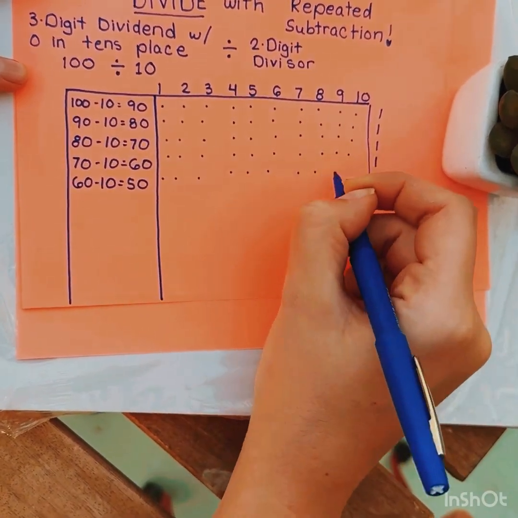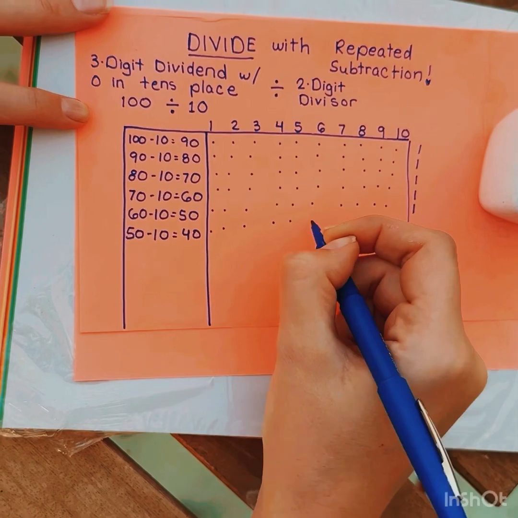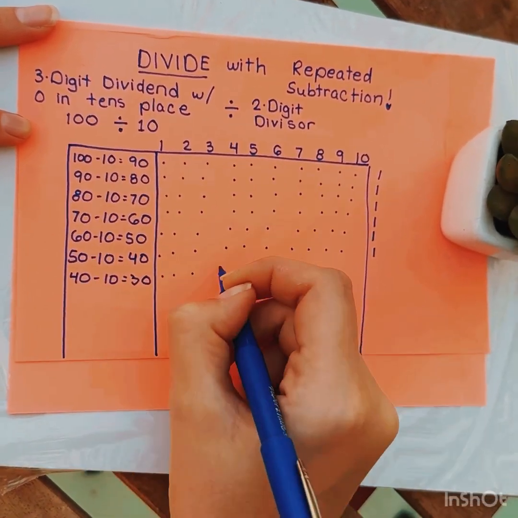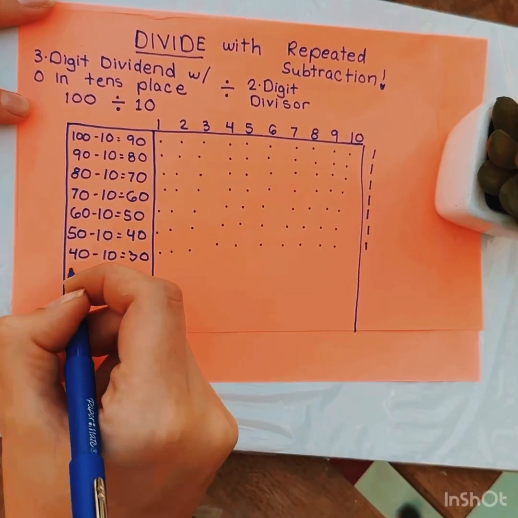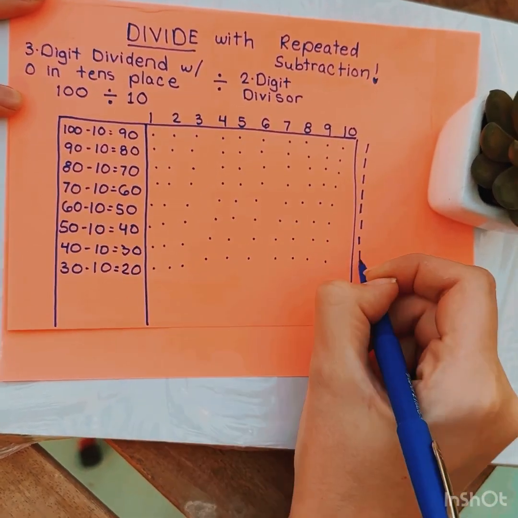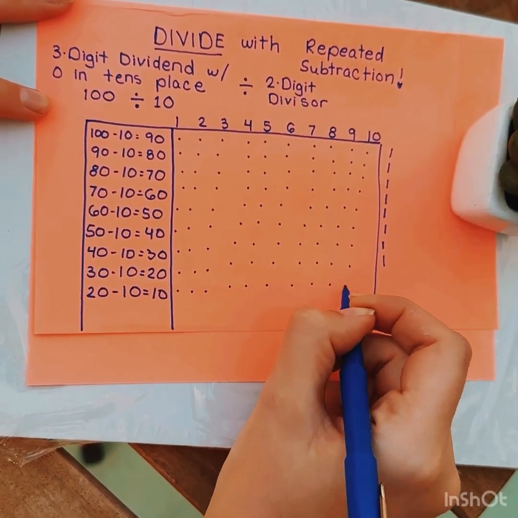So we're at 60 minus 10 equals 50, then 50 minus 10 equals 40. Do you see how we are just consistently subtracting groups of 10 as we continue to give each player 1 card? And we make a tick.